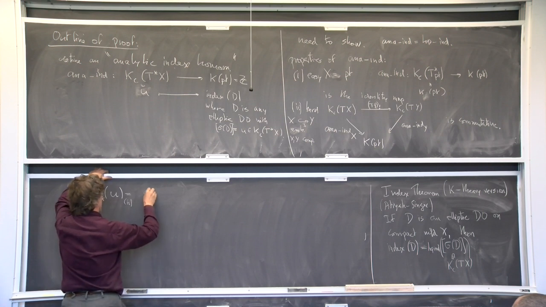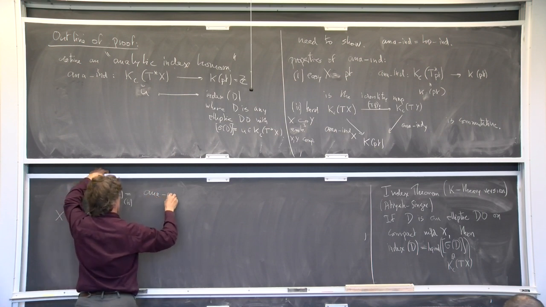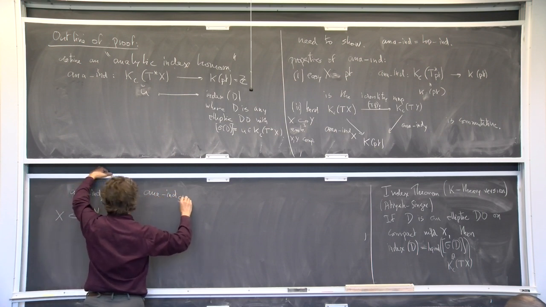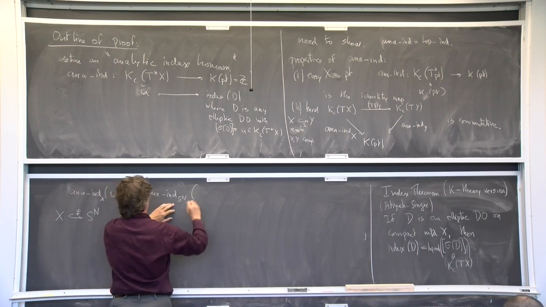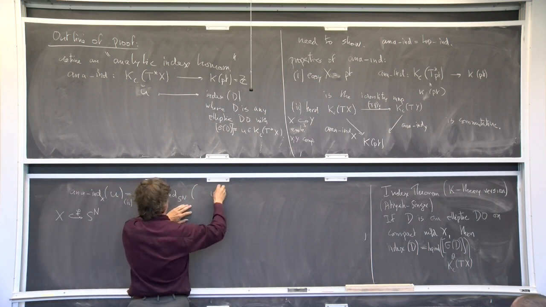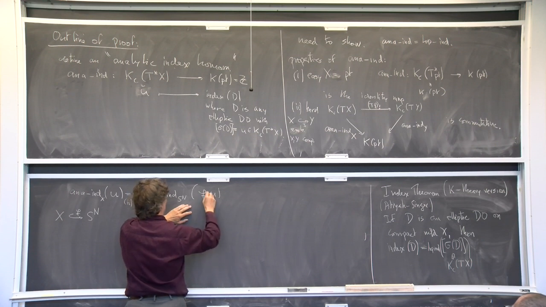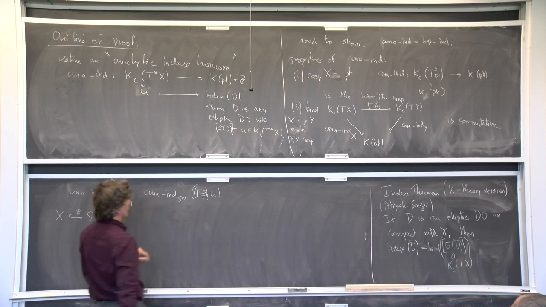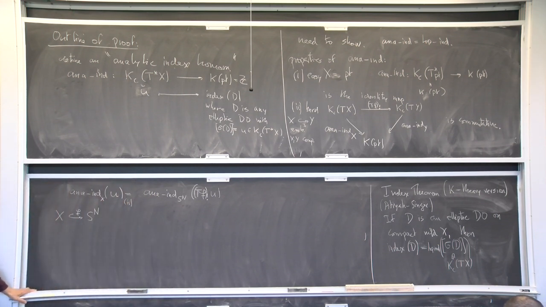So this is the same thing as the analytic index for the sphere of the class that I get by transporting the class over via this map here.